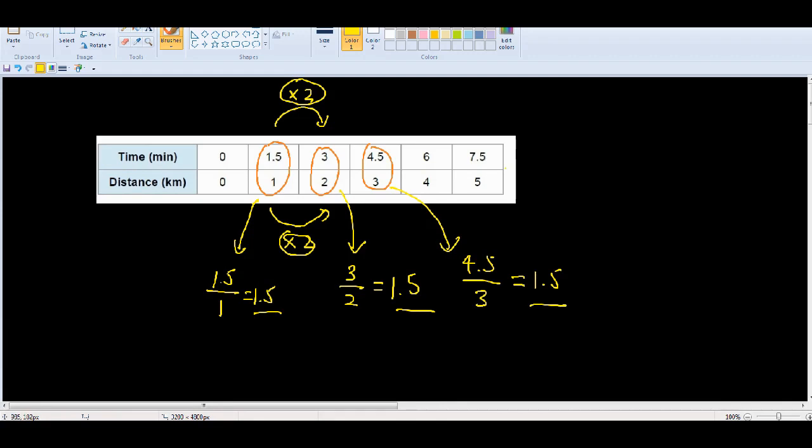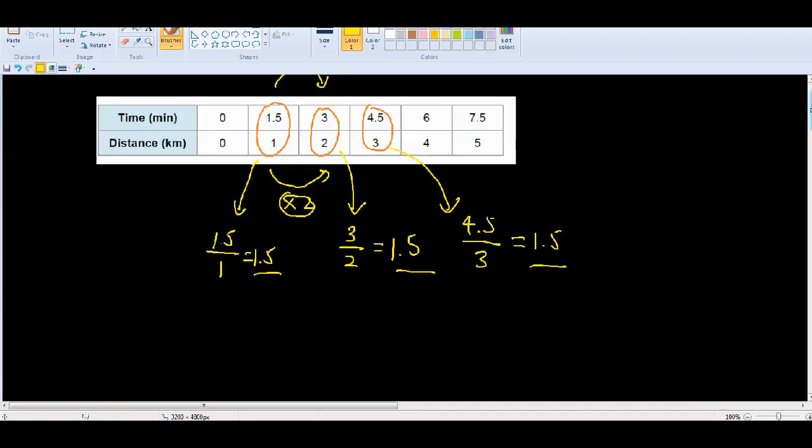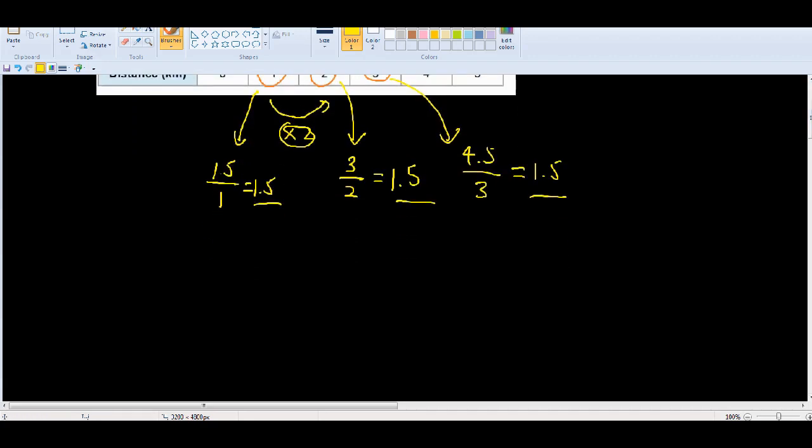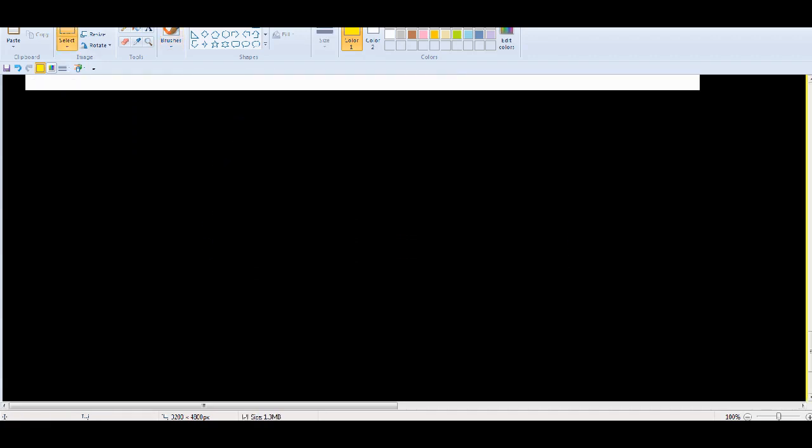We have mentioned that before, that a direct proportion means a constant rate or constant ratio between two quantities. So that's what we are going to write.